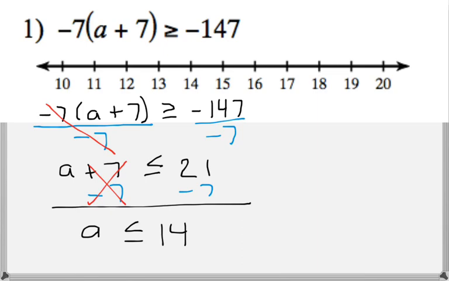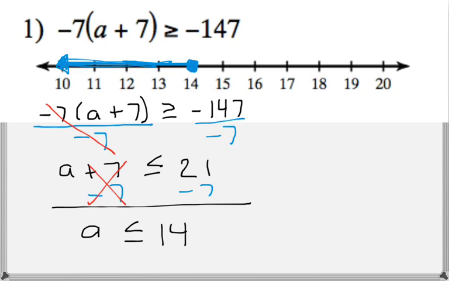So we can find 14 on our number line. It is going to be a closed circle because we have that or equals to part of our inequality. And a is less than, so where are the numbers less than 14? Over here to the left. So we can go ahead and fill in our graph, and we have solved and graphed this example right here.